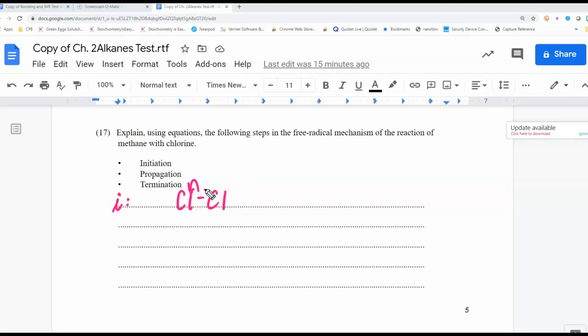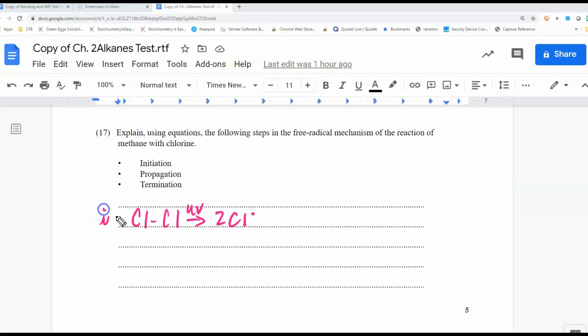So what we have to be able to do is break the chlorine apart using UV radiation, and what we're going to make is two chlorine radicals. And so that's our initiation step.